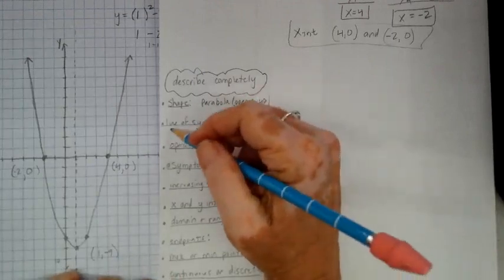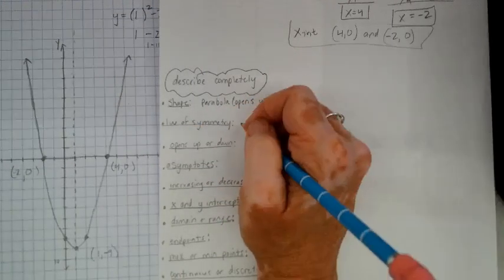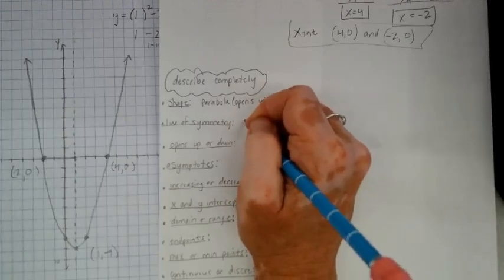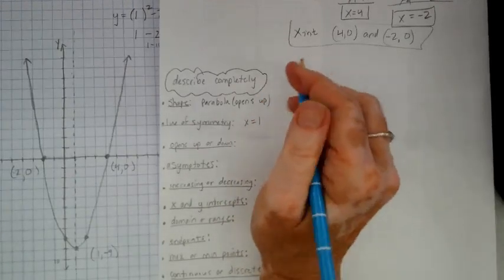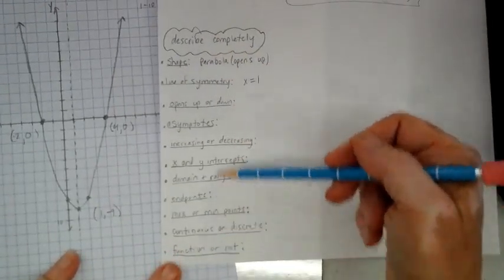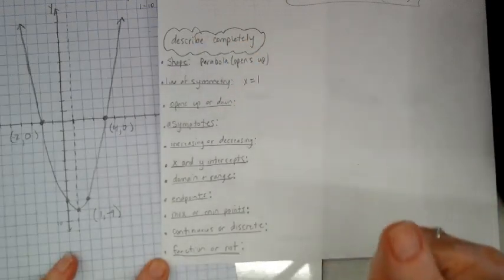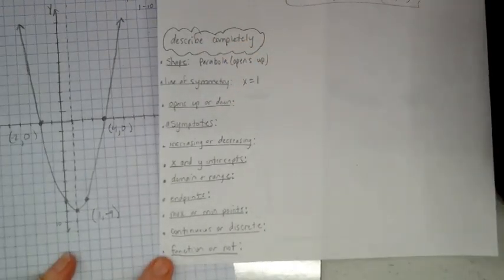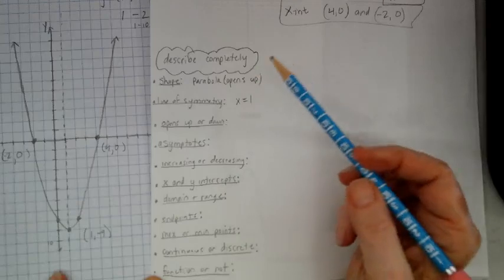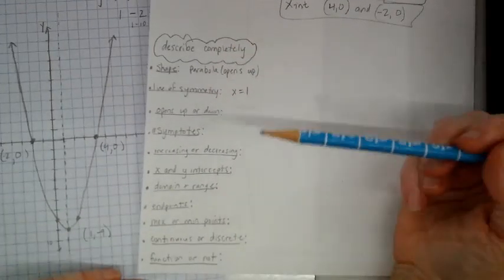The line of symmetry is, I'm going to say at x equals 1. So where did I get all this? Off that sign that some of you guys made, how to describe a graph. And so I just wrote down everything that was on that little list that was on the wall on describe a graph. So that's where I got all this.